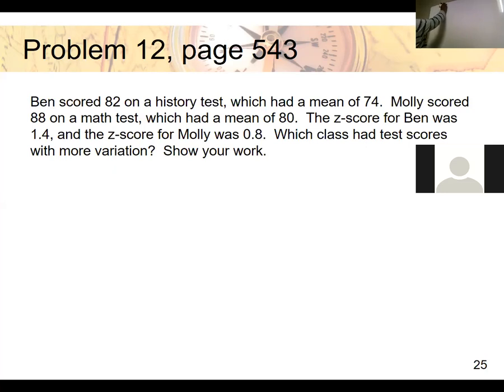Again, Ben scored an 82 on his history test. The mean there was 74. And Molly scored 88 on the math test, and that had a mean of 80.